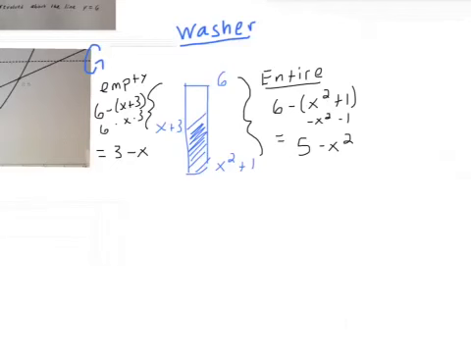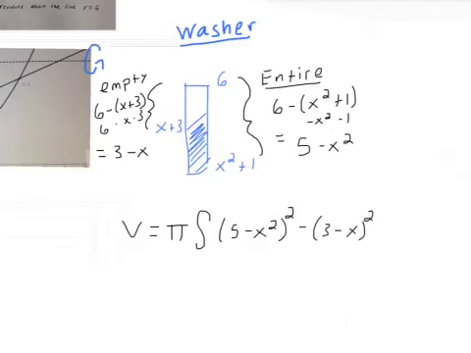So my integral setup is going to be, the volume is going to be pi. I'll worry about my limits of integration in a moment. The entire radius squared. So it's going to be 5 minus x squared parentheses squared minus the empty, so 3 minus x parentheses squared dx.